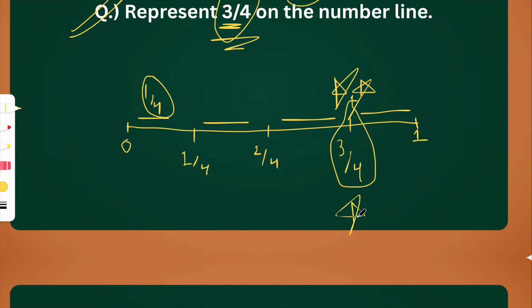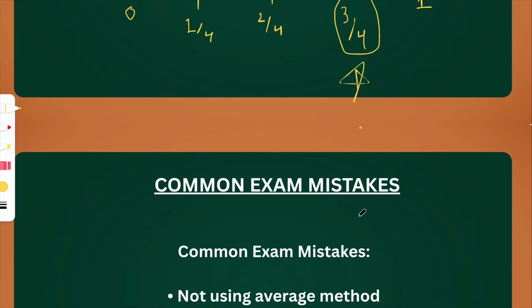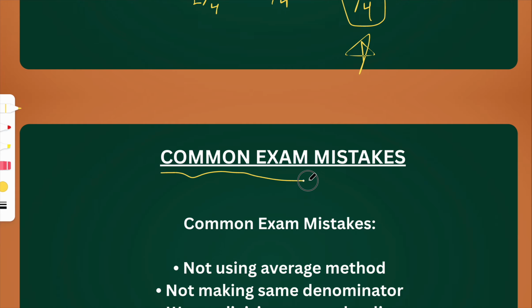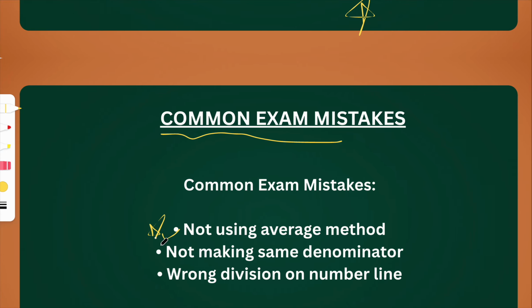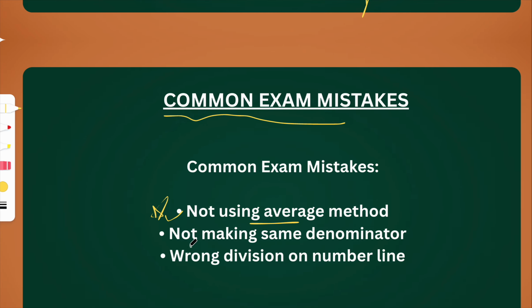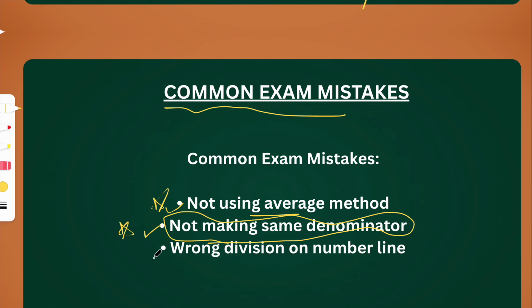So now I'll move forward and tell you some common examination mistakes. Students generally do not use the average method. That is a fault. You should use the average method. Another error students make is not making the same denominators. They just randomly multiply the numbers. They should always make the denominators the same. That is a very important thing. Okay, wrong division of the number line.